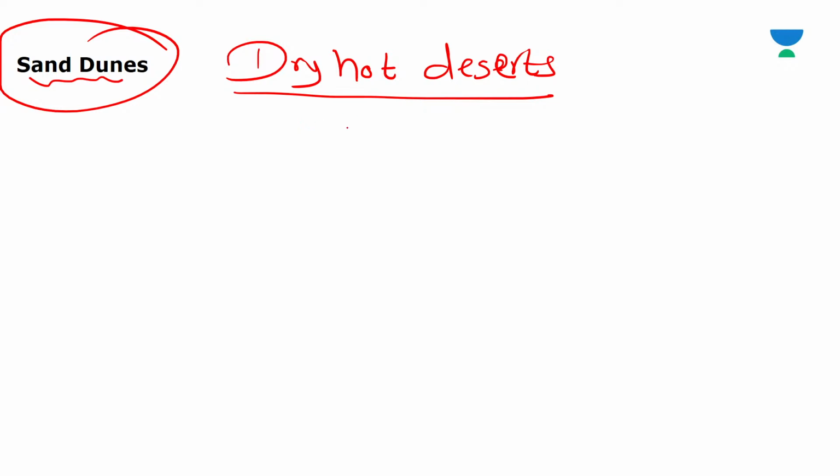Obstacles to initiate dune formation are quite important. There can be a great variety of dune forms.